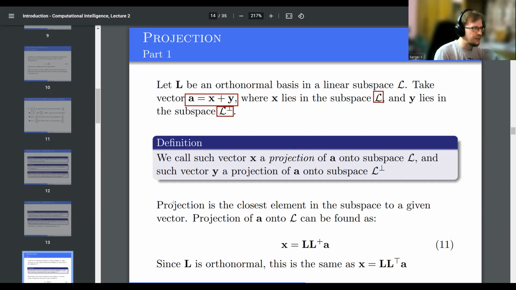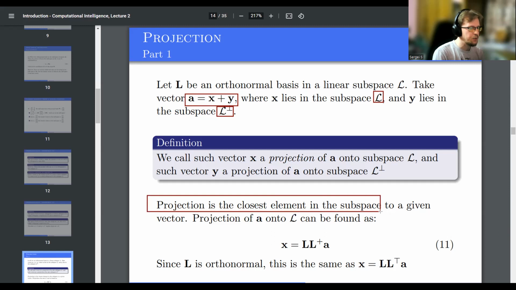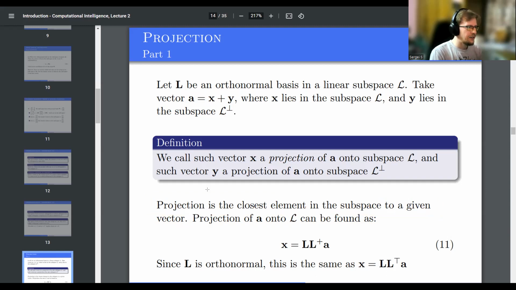Now, projection is the closest element in the subspace to a given vector. That is, again, this whole idea of using closest elements. So projection of A can be found as X equals L pseudoinverse A. We saw it before, right? We saw it when we were analyzing residuals.